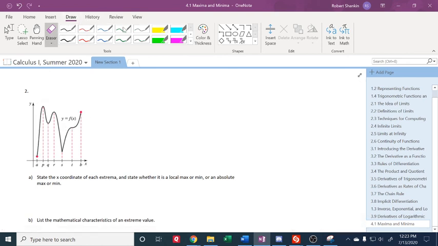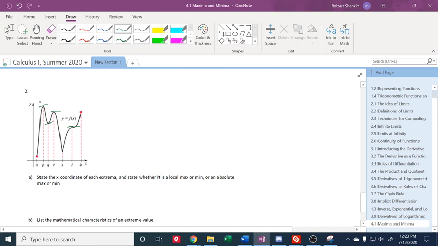If I was putting my tangent lines, horizontal tangent lines, here actually is another horizontal tangent line, right here.